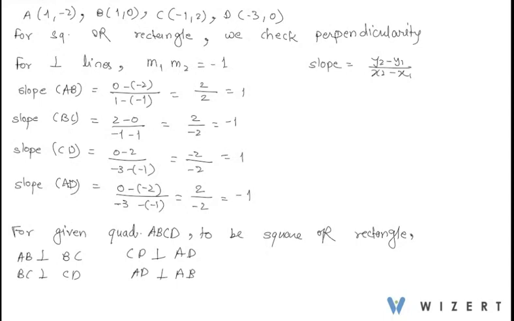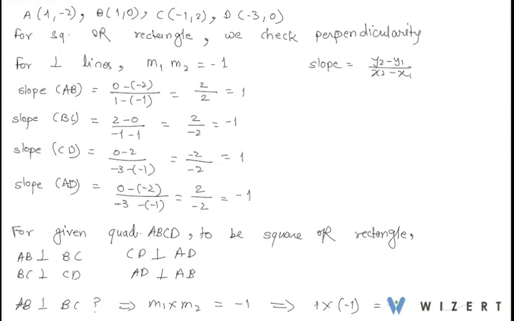So let's check for that. AB perpendicular to BC. How to check that? M1 into M2 should be -1. M1 is the slope of AB, which is equal to 1, into M2, the slope of BC, which is equal to -1. So it is -1.